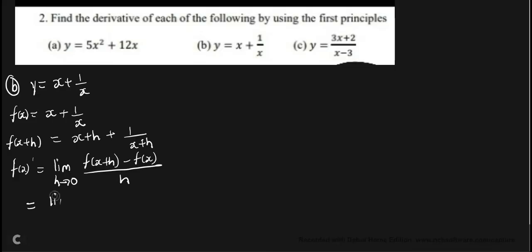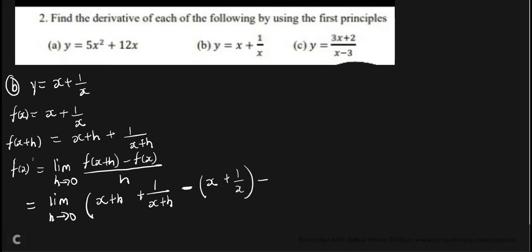So it will be the limit as h approaches 0 of x plus h plus 1 over x plus h, subtract the given equation, which is x plus 1 over x.